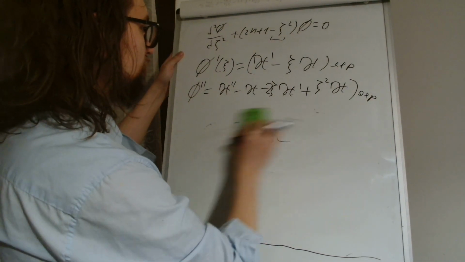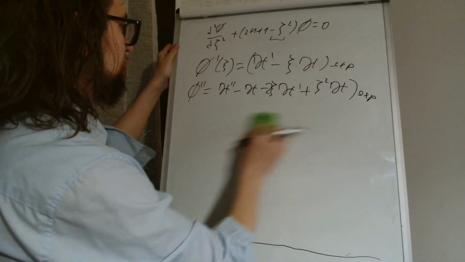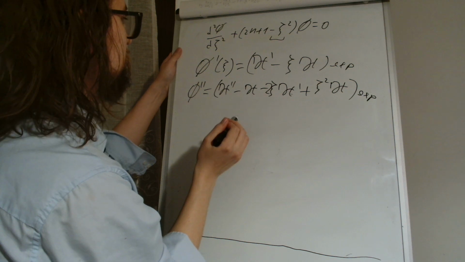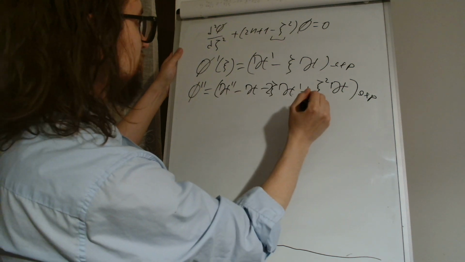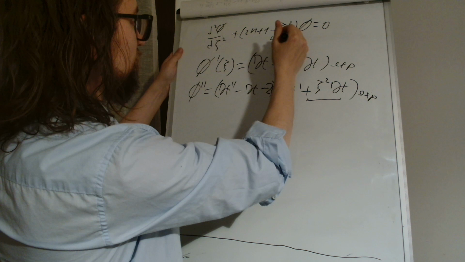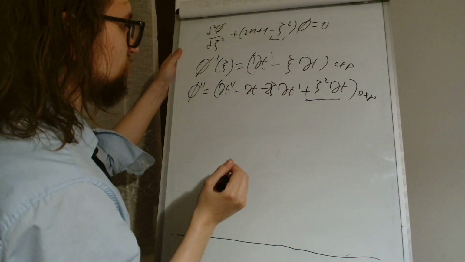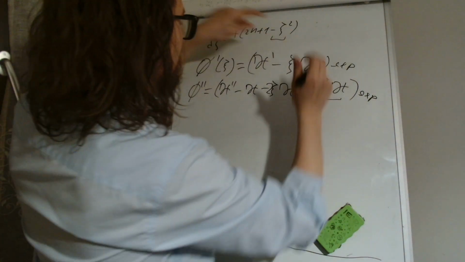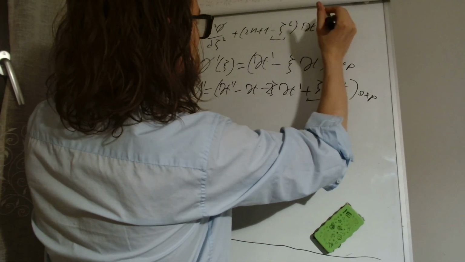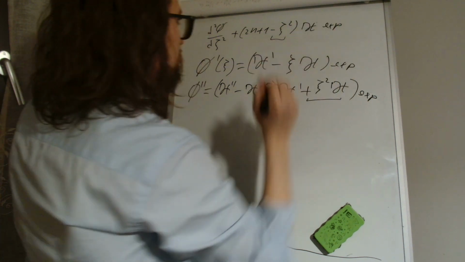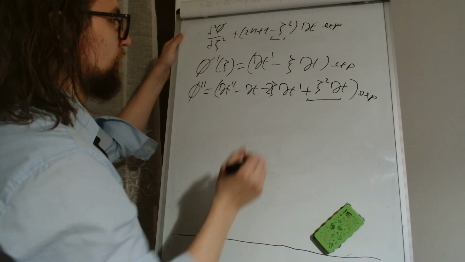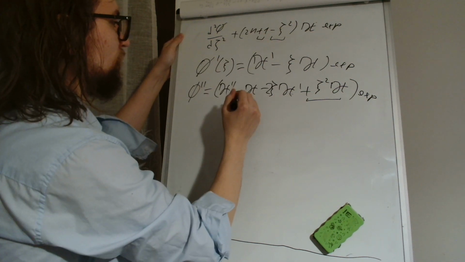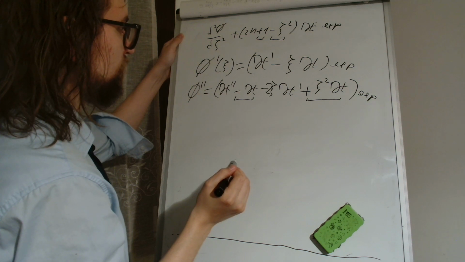So we're now going to substitute here, and when we substitute here, this term here cancels out with this one, because here we can write phi as h times the exponential, and this term here cancels out with this one.